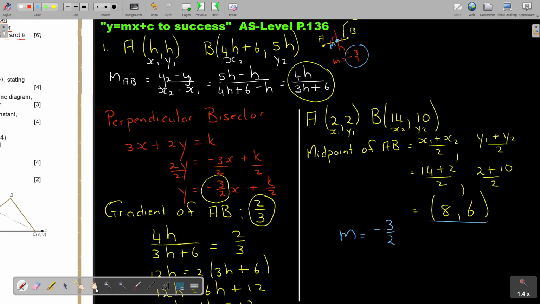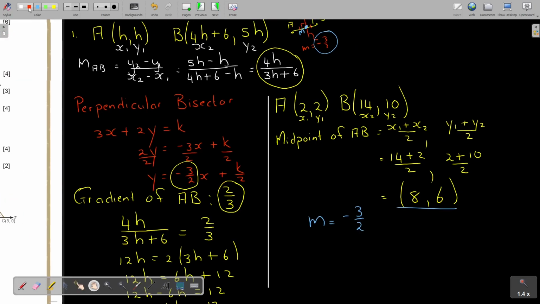So I can find that straight line by saying y minus y1 equals m times x minus x1. In the place of y, this is x, this is y, so it's going to be y minus 6 equals negative 3 over 2 times x minus 8.